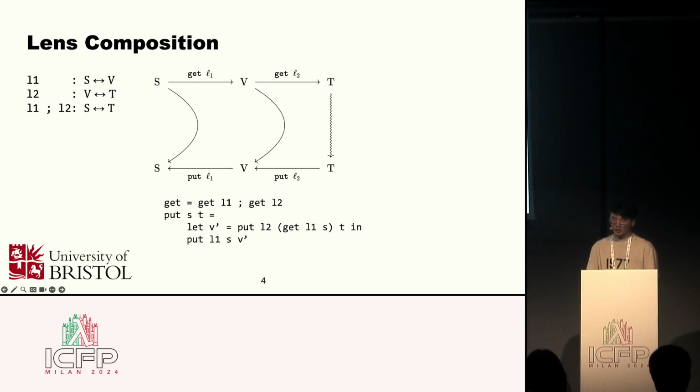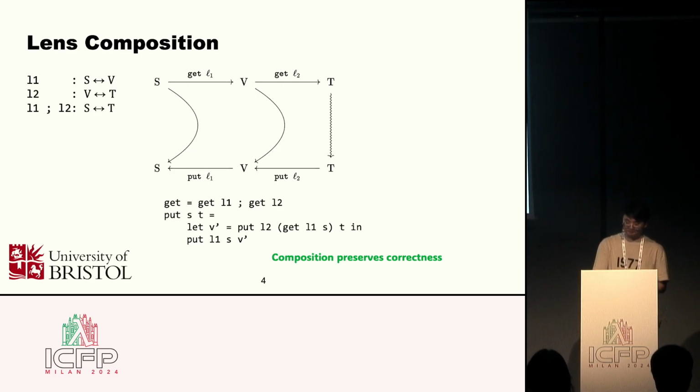In the backward composition, an updated T value is first put back by using the lens L2 and the original V value to obtain an updated V value, which is subsequently used to update the original source by using the lens L1. Now, besides functional behaviors, the most important thing about composition is that it preserves correctness. Namely, if two lenses satisfy round-tripping properties, then their composition satisfies the round-tripping properties.